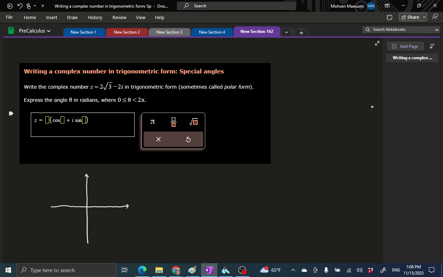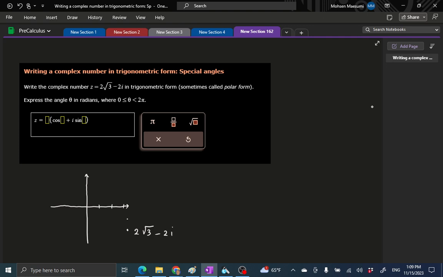2 radical 3, so suppose this is 1 and 2 and 3, 2 radical 3 will be almost 3.4. Minus 2i means step 1 in the lower direction, and this is step 2. So this is the location 2 radical 3 minus 2i.